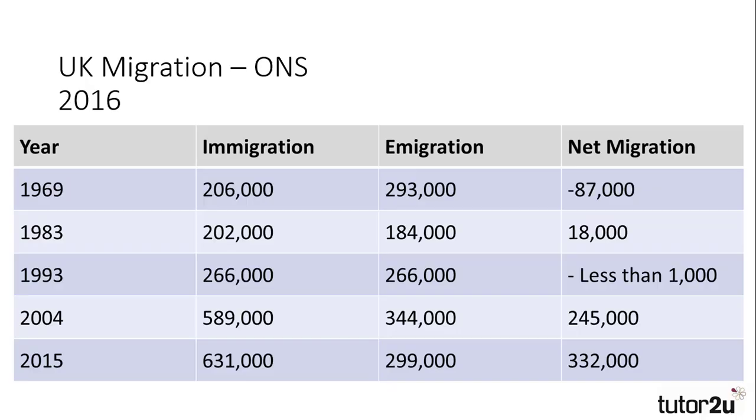Of course, this was also influenced by conflict in different parts of the world, such as Iraq, Afghanistan, Somalia and Libya. By 2015, net migration had increased to over 330,000, which demonstrates the impact of globalization on the UK. It's fallen in recent years, particularly in the aftermath of Britain's decision to leave the EU, and is currently around 200,000.